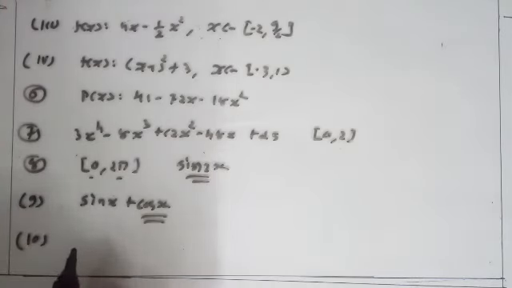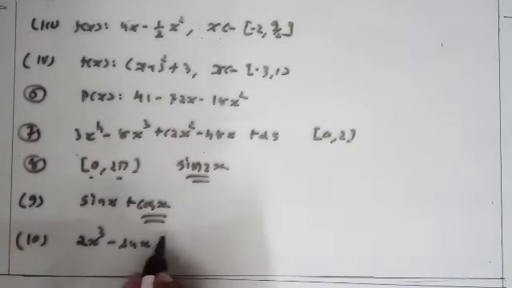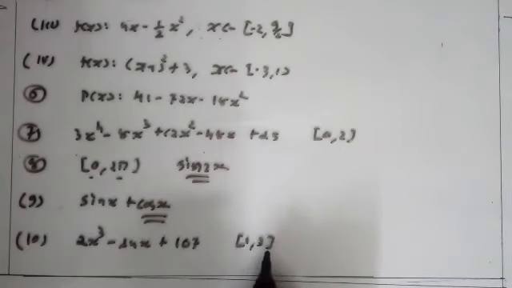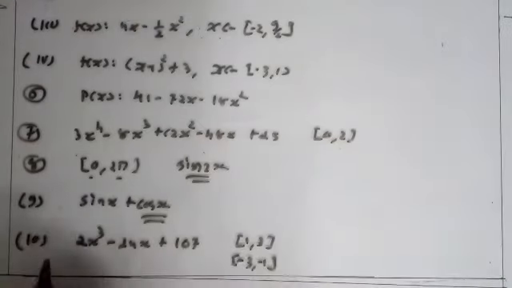Now question number 10. Find the maximum value of 2x raised to 3 minus 24x plus 107 in the interval 1 to 3. Find the maximum value of the same function in the second interval, given as minus 3 to minus 1. Easy question, solve it yourself.